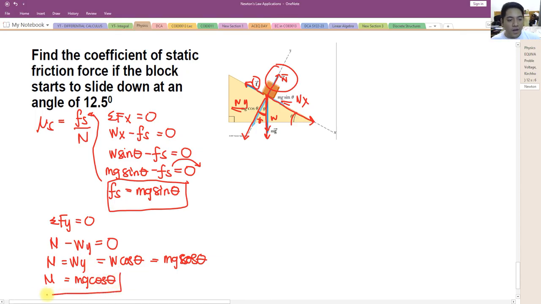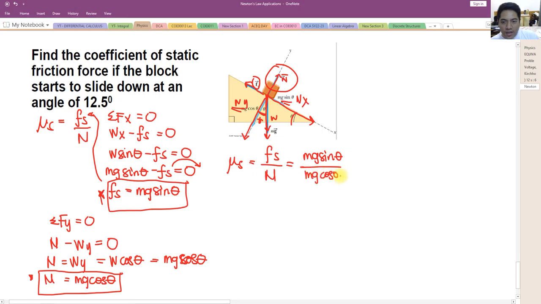Now we have the normal force and the static force. If we substitute into the coefficient mu sub S equals F sub S all over N, the F sub S becomes mg sine theta all over mg cosine theta. As you can see, the mg's will cancel.